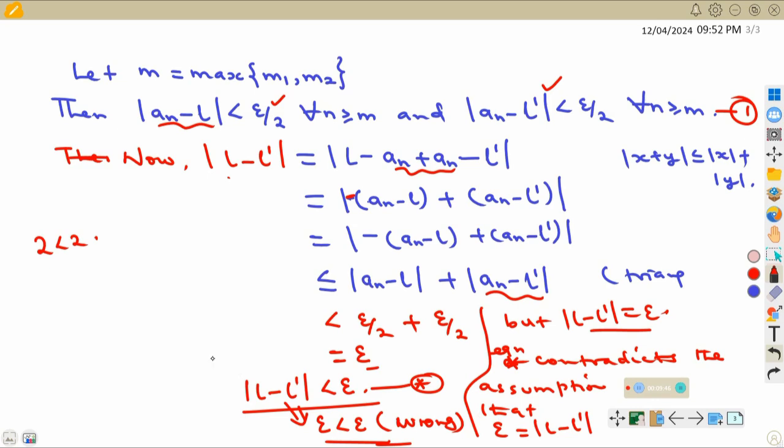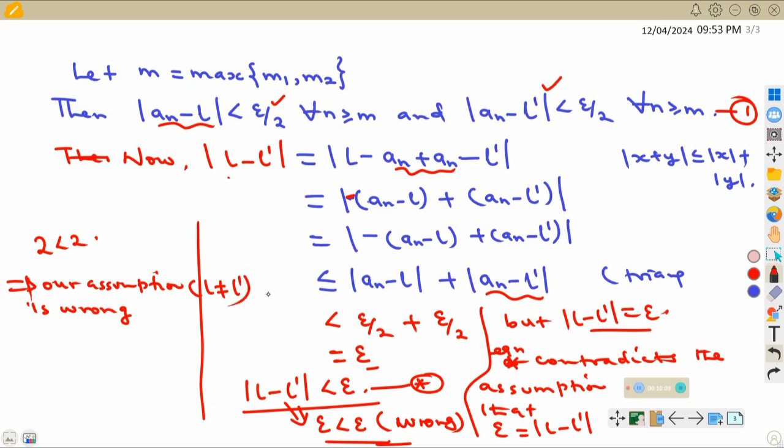And if this is true, then this clearly implies that our assumption is wrong. Our assumption was that L is not equal to L prime, so this assumption is wrong.